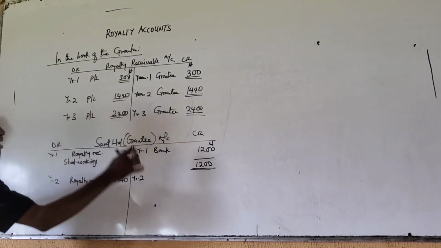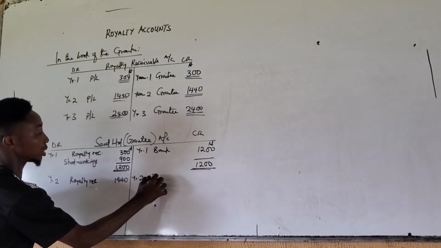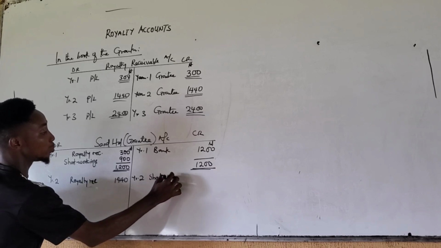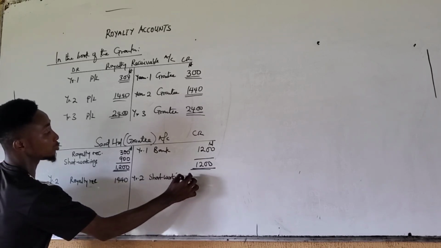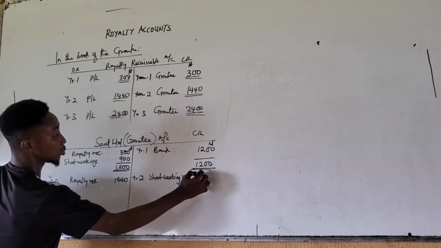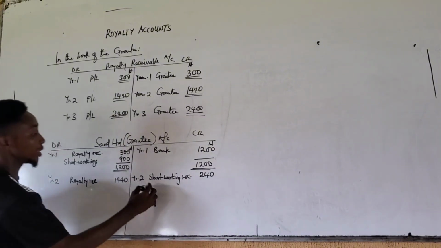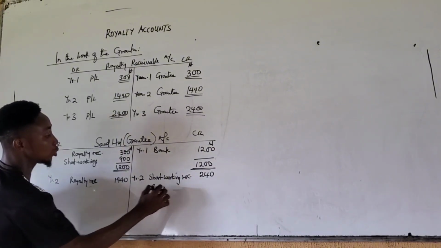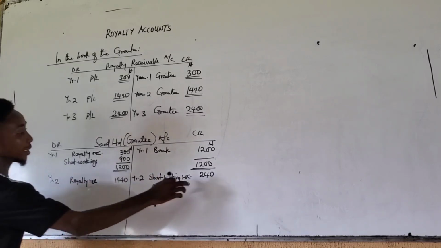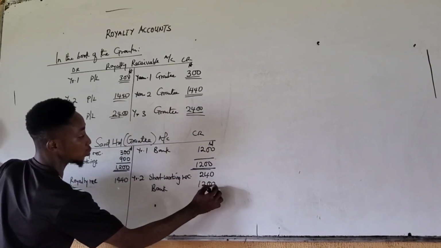But since it was excess, you say short workings recouped. How much was recouped? 240. Good. So it means that the tenant is going to pay the difference to the landlord. What's the difference? 1,200.